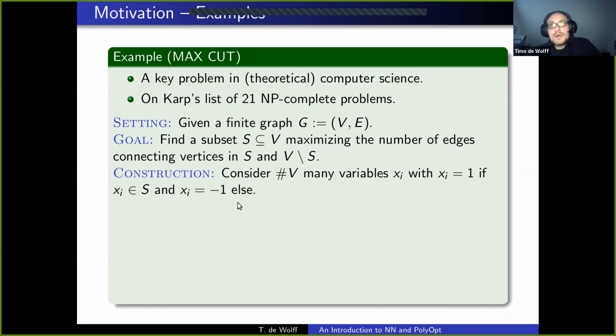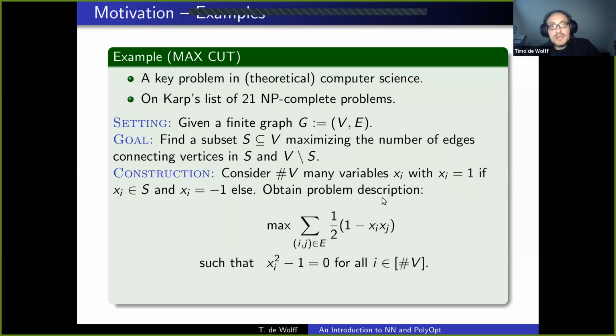Let's introduce a number of variables, exactly as many as we have vertices, and I want to choose the variables in a way such that they can just take the values plus and minus 1. Then I would like to solve this optimization problem. I claim that if I could solve this, then I found such a set S and I found the max cut. So let's look at this.